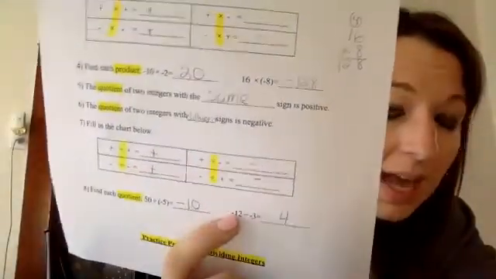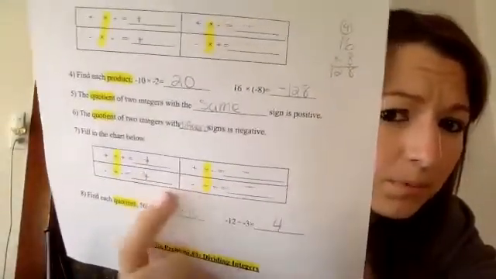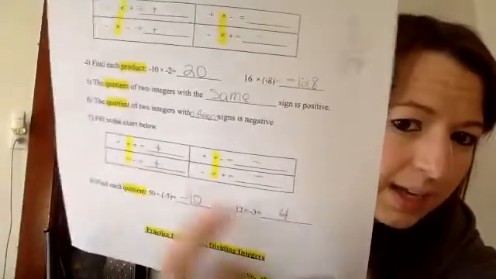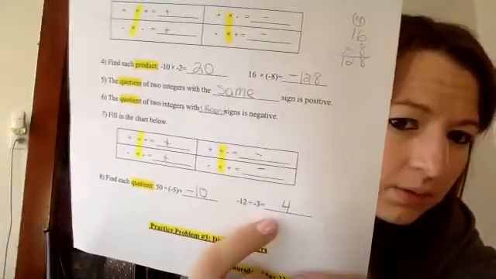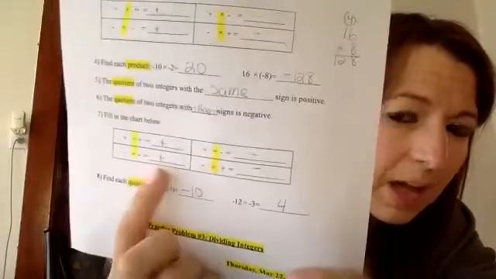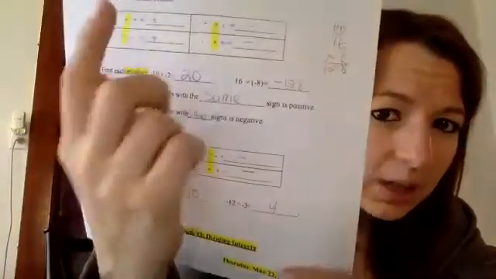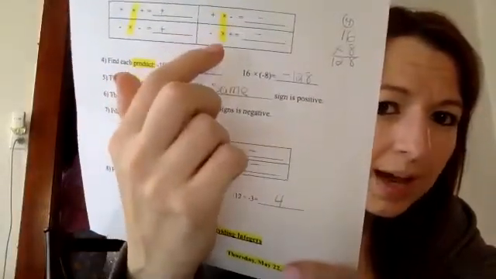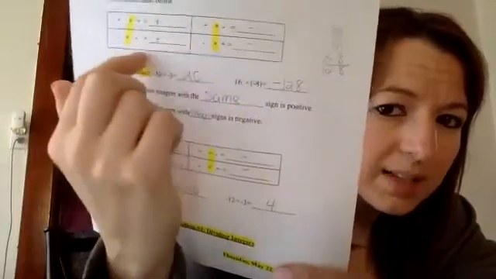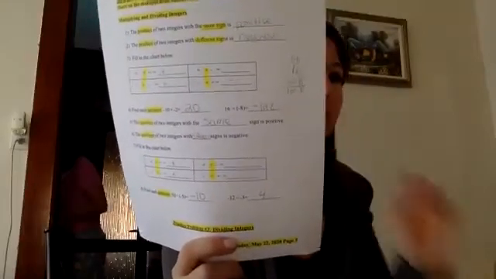It's two negatives. I looked at it wrong. A negative divided by a negative is a positive. So two negatives when I divide become a positive, just like two negatives when I multiply become a positive. Same rules. Got to know these rules. Same signs positive, different signs negative.